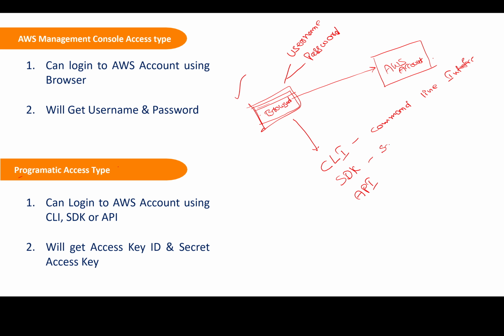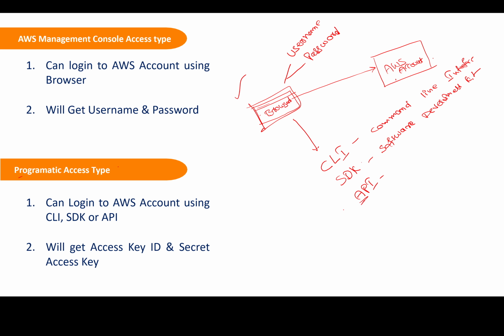SDK stands for, any guess? Software Development Kit. If you are a developer developing an application with the help of AWS resources, then you can design the application using the software development kit and communicate with your AWS account. API, what is the API?